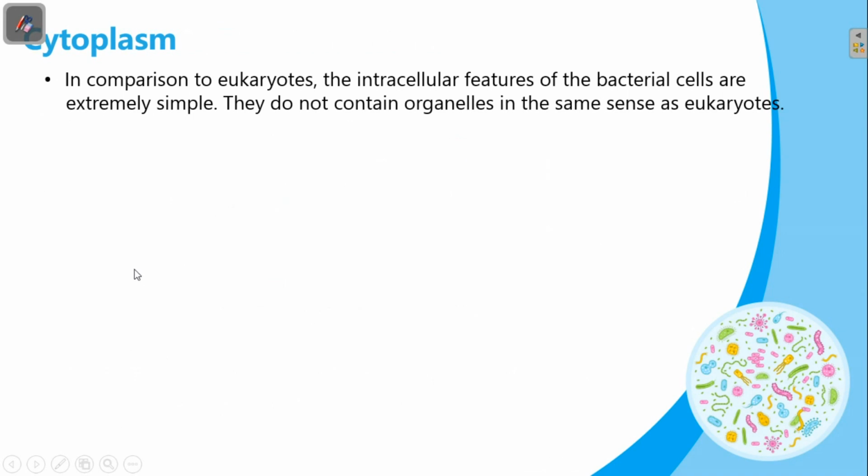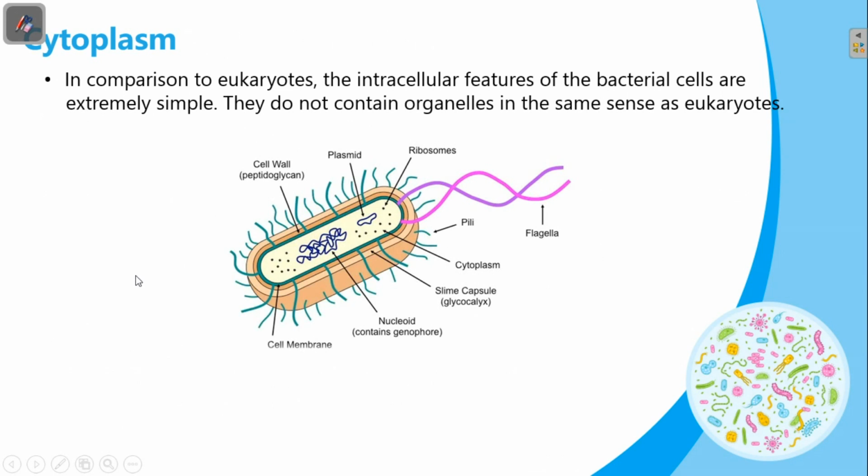Prokaryotic cytoplasm is very simple when compared to eukaryotic cytoplasm. Why? Because in eukaryotic cytoplasm, membrane-bound cell organelles like mitochondria, Golgi complex, endoplasmic reticulum, etc. are present. But in prokaryotic cytoplasm, all those membrane-bound cell organelles are absent. Only a few cell organelles are present, such as ribosomes and some more structures.